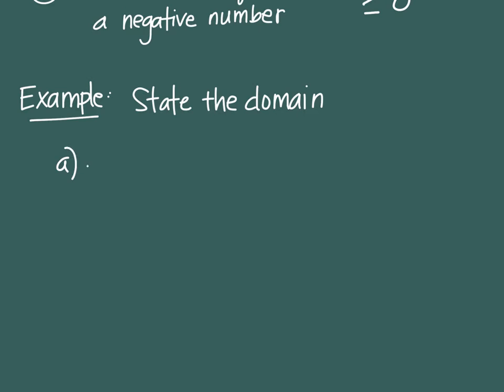Example A. F of x equals the square root of x plus 3. This is a red flag to you because it has to do with two of our commandments. Right? It has a square root, and we have a commandment about square roots. So if you want to find domain, you take what's in the square root and you use the symbol that I just showed you for that commandment.